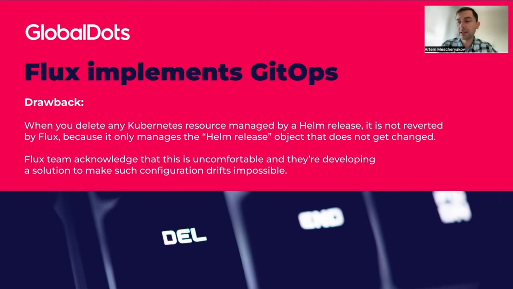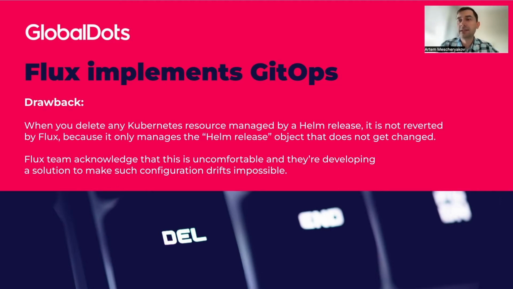And that means that it cannot understand the changes that are done to the objects that Helm manages on its own. So for example, if you deploy, I don't know, Postgres Helm chart, then the Helm chart deploys a stateful set, and you want to modify the stateful set manually and set some configuration.